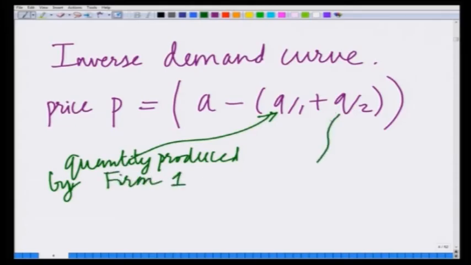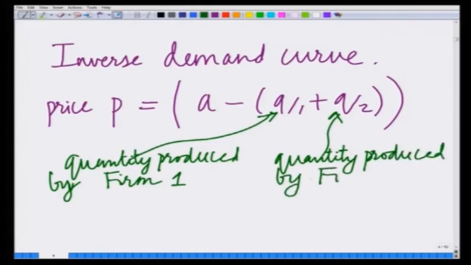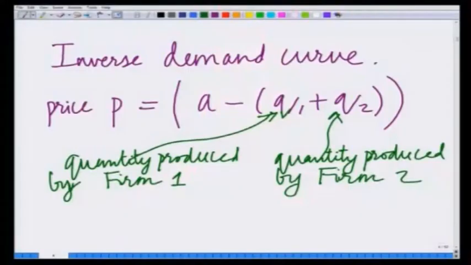Q1 and Q2 are the quantities produced by firm 1 and firm 2. So, the inverse demand curve, which gives the price as a function of the quantities, is basically the price P equals A minus (Q1 plus Q2).